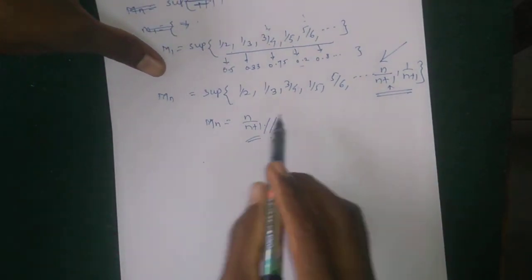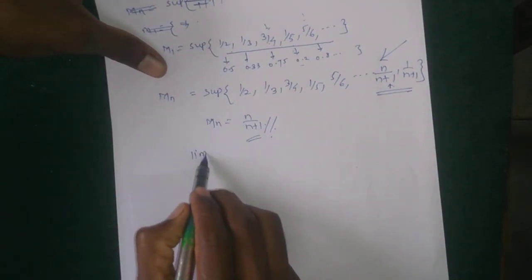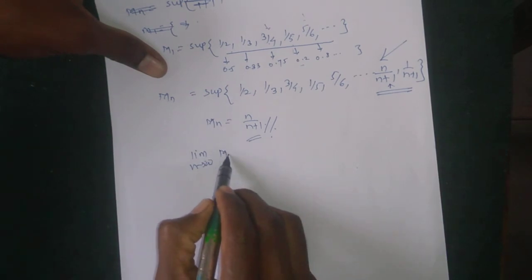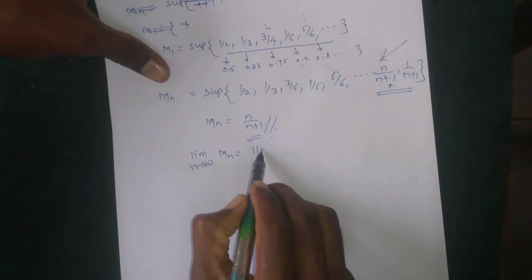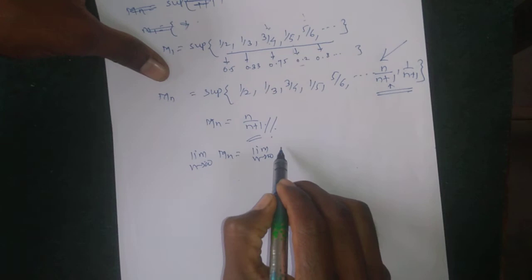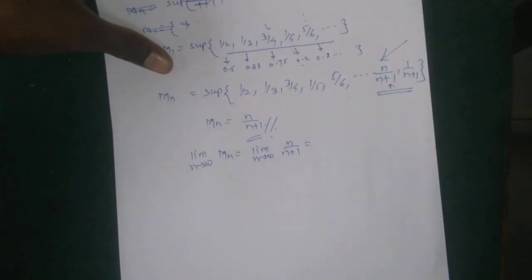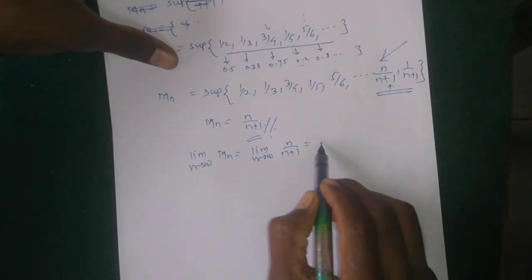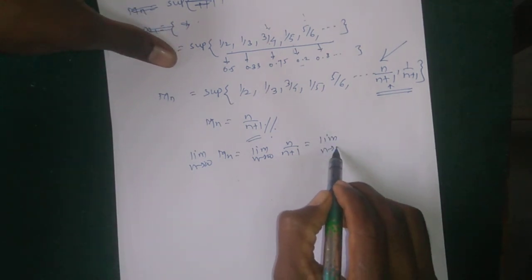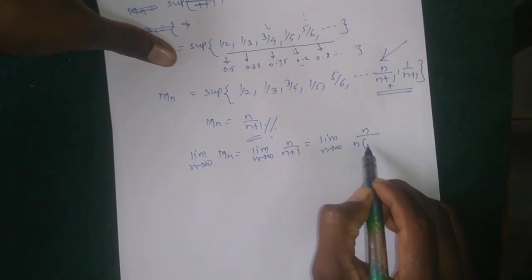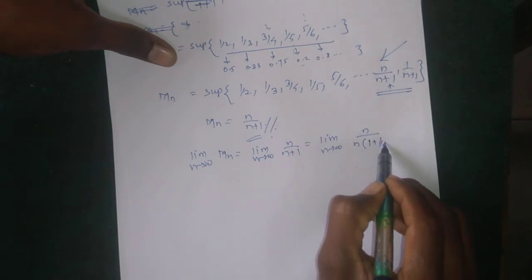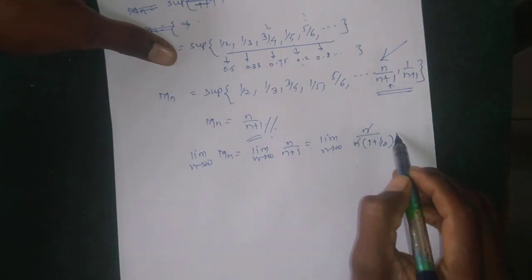Okay, so therefore the limit as n tends to infinity of Mn is equal to the limit as n tends to infinity of n divided by n plus 1. We take n common, n divided by n times 1 plus 1 by n remaining. Okay, n gets cancelled.